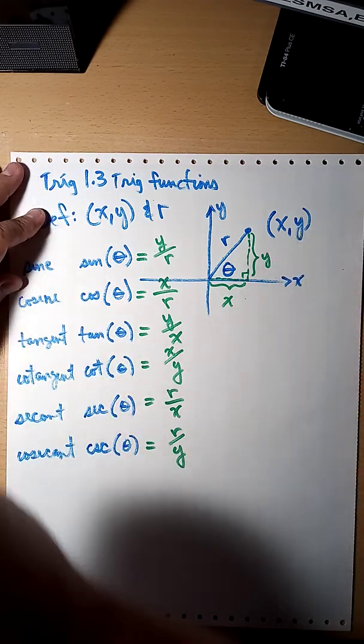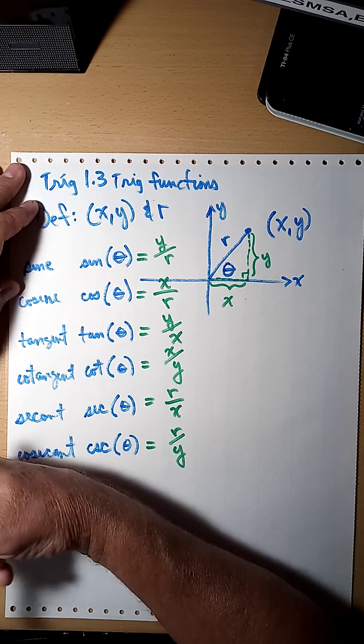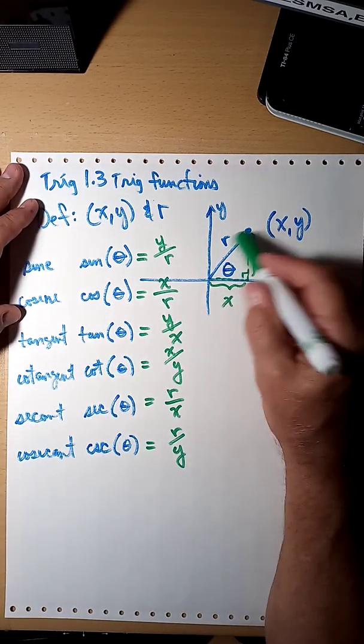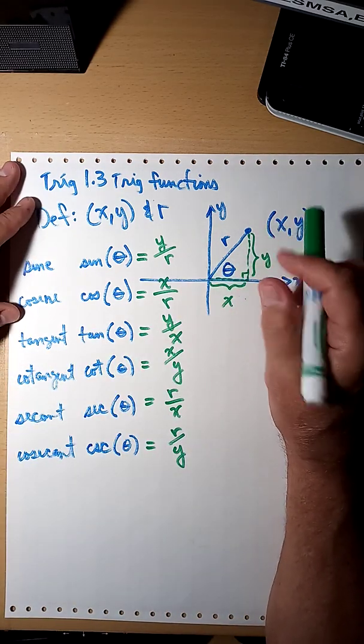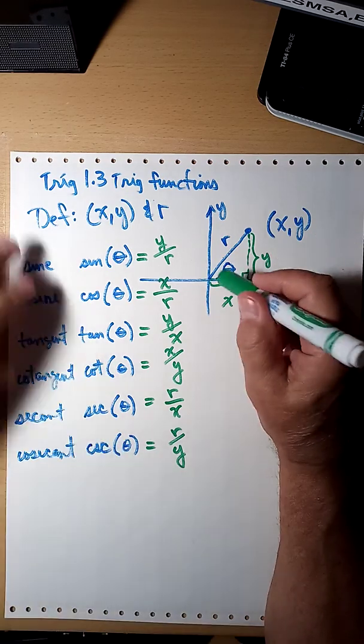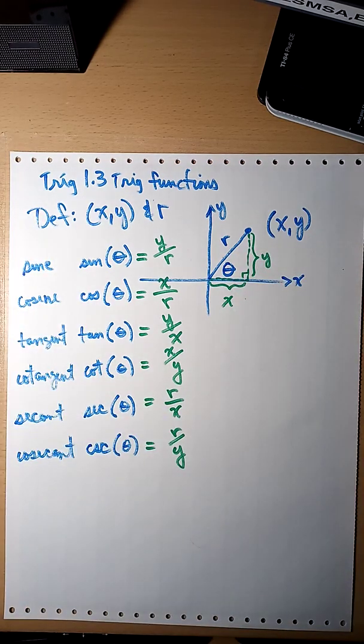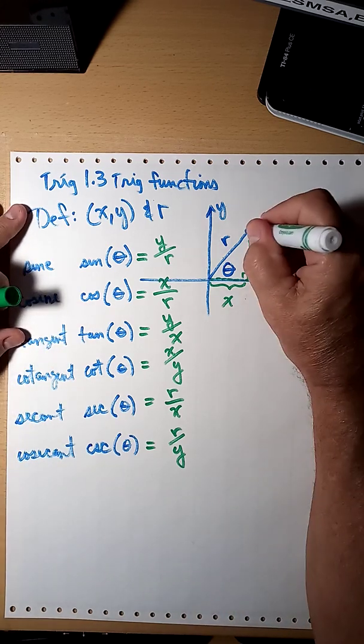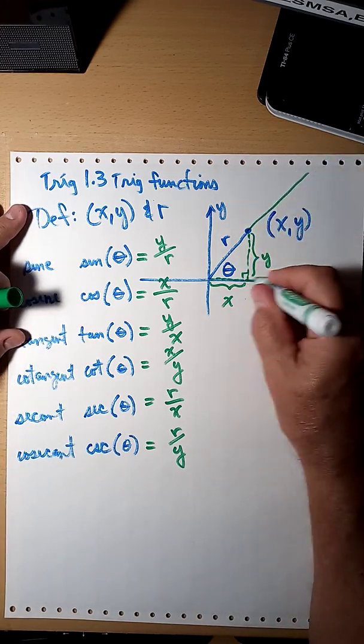But since these are ratios of sides of the triangle, what's important here is we have similar triangles, and that means that it doesn't matter how big or small this triangle is.